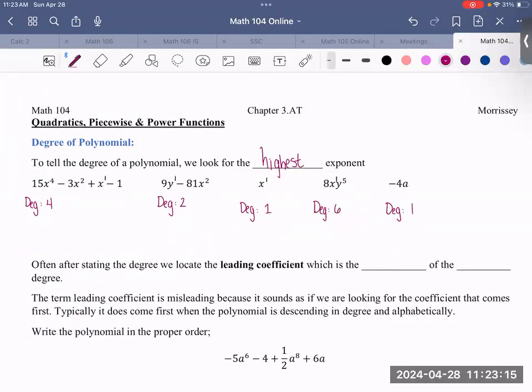Now, often after finding your degree, we want to locate something called your leading coefficient, which is the coefficient of the highest degree. So see if you can determine what the leading coefficient is on these values.